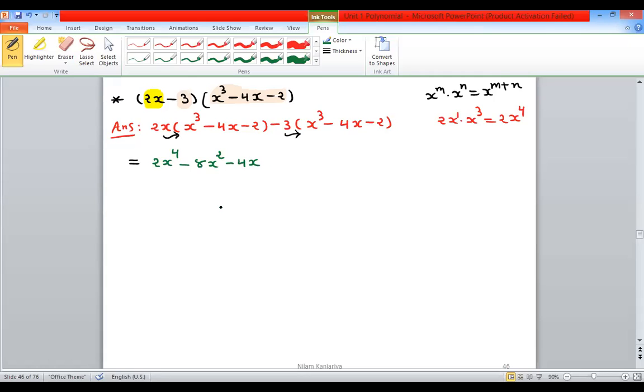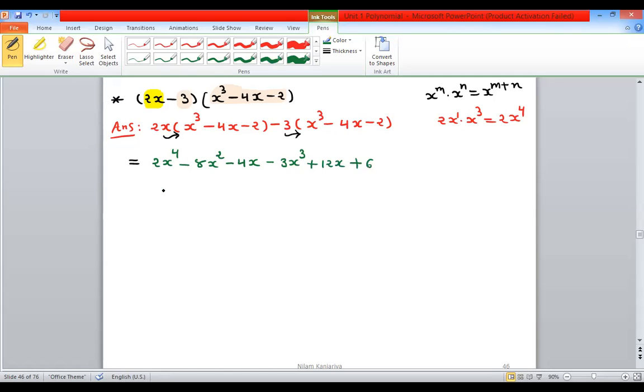Now tell me, other student, if I multiply this bracket by minus 3, what happened? Anyone try? Minus 3x cube. Right, it is minus 3x cube. The next one? Minus 12x. Minus 4x into minus 3, minus minus plus, it is plus 12x. Plus 6.